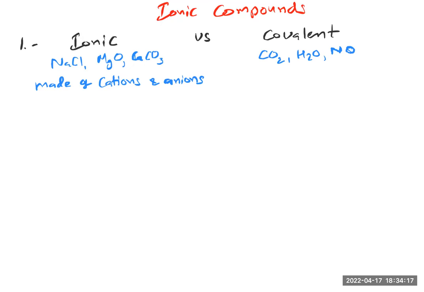Okay, now the other difference we discussed in class was the submicroscopic representation. So we discussed how in covalent compounds, let's take an example like H2O or carbon dioxide. Doesn't matter.